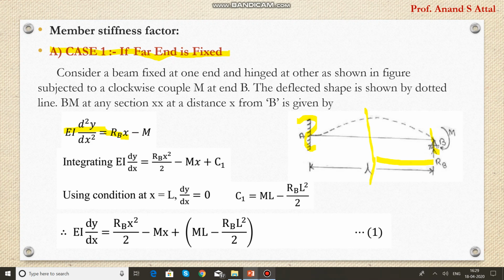Now using the boundary condition at x = L, that is at A, the slope theta A is 0, that is dy/dx = 0. From that we get C1 = ML minus RB L²/2.